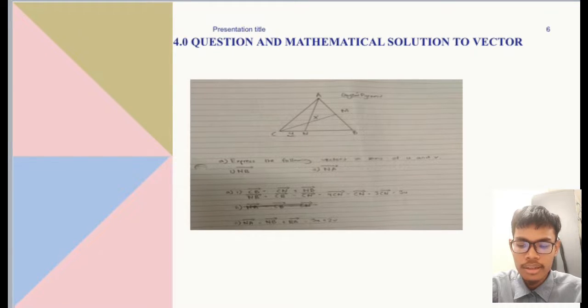And vector NB is equal to vector CB minus vector Cn, equals 4 Cn minus vector Cn, equals 3 vector Cn, equals 3u. For the second question, vector NA equals vector NB plus vector BA, and equals 3u plus 2b.